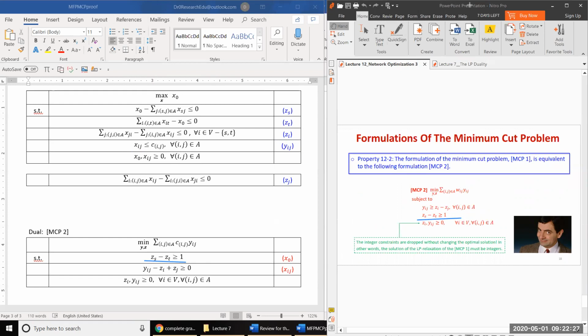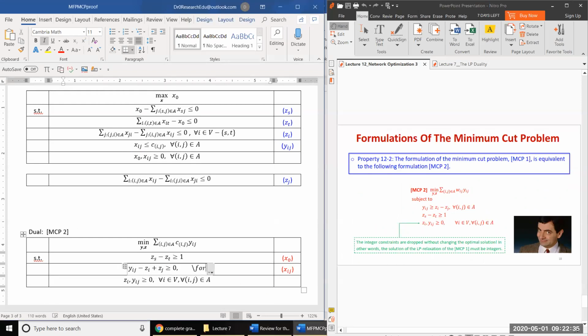Wait a minute. Strictly, I should write something here, which is for all ij in A, because I do this for all these ij in A. For any fixed ij, I can write it in this way, and of course I can do it for any arcs, so that I have for all ij in A.